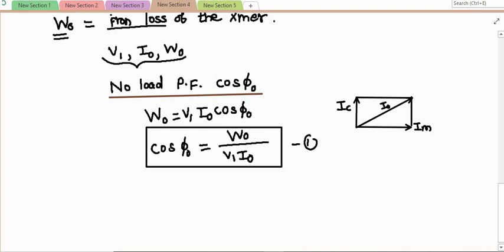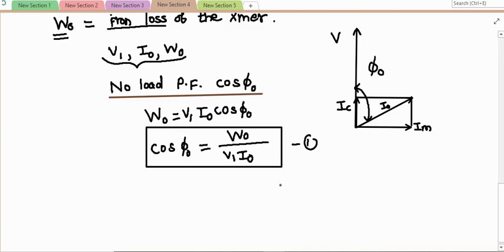And V will come along this axis. We have seen this, right? So the angle between V and I naught is phi 0.